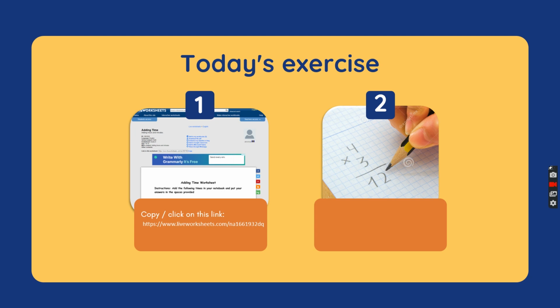And step 2, what you need to do is you need to use a piece of paper for you to do your working. And please do it step by step and do it slowly. Now I'm going to need you to take a picture as usual. Take a picture of your working and send it to me via WhatsApp.